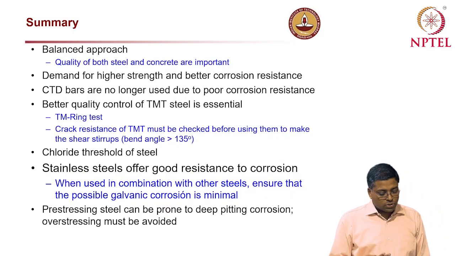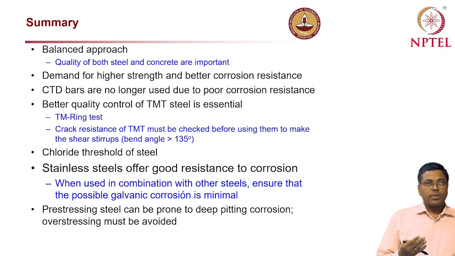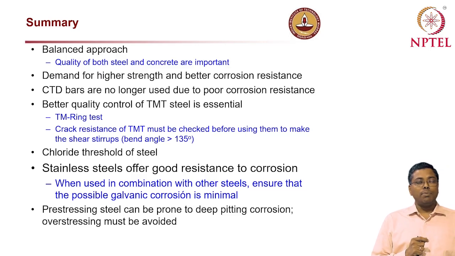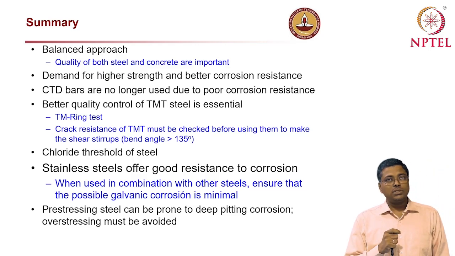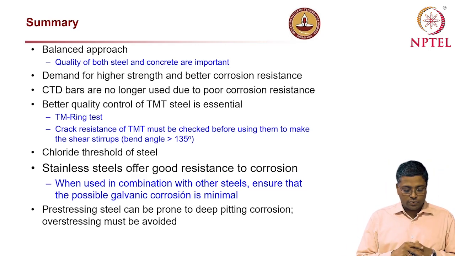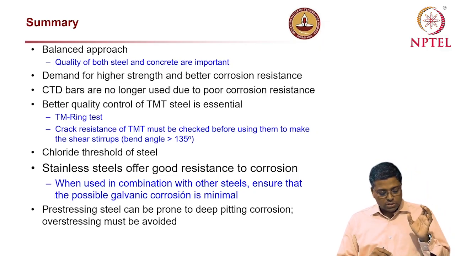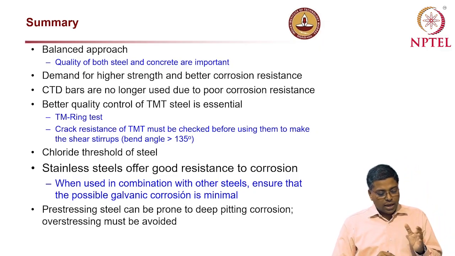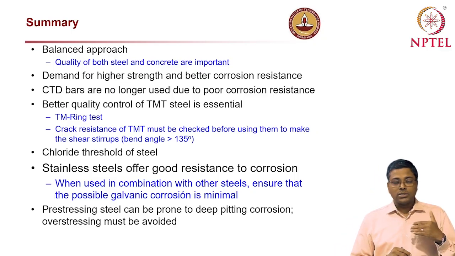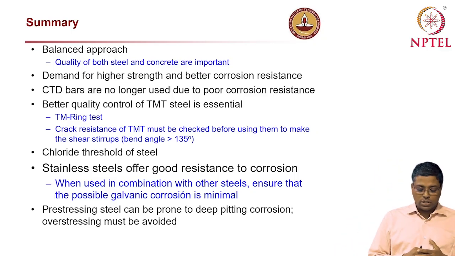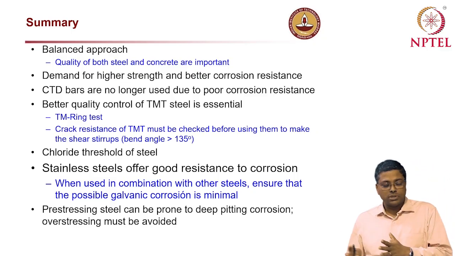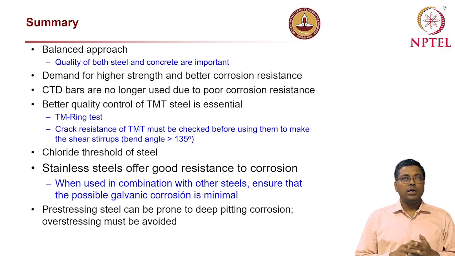Now to summarize, we looked at the balanced approach necessary to enhance the quality of the steel concrete system. We have to work on the quality of both steel and concrete, and then demand for higher strength and better corrosion resistance led to different types of steel rebars which are now available in the market.